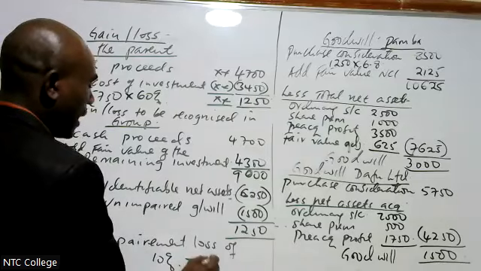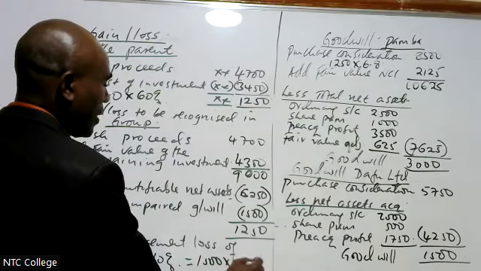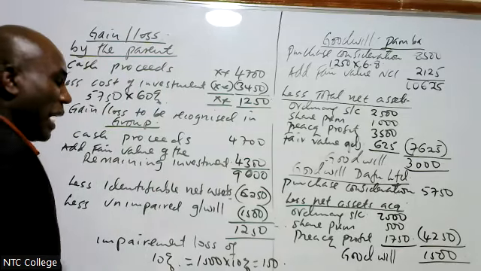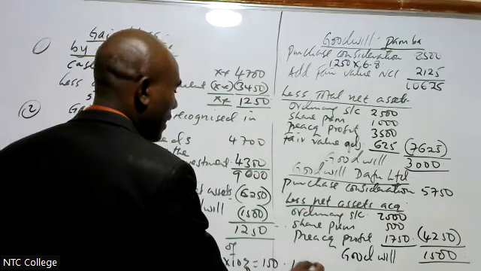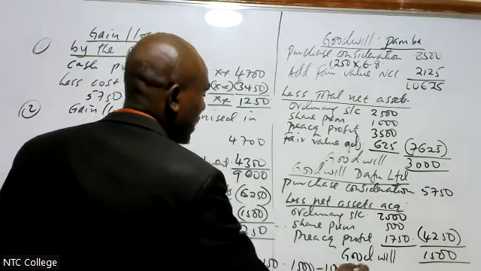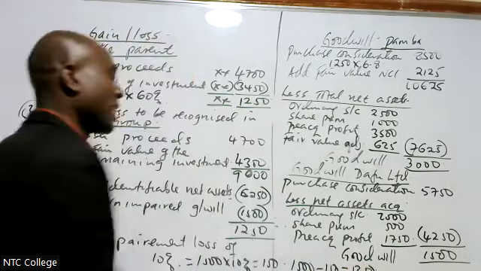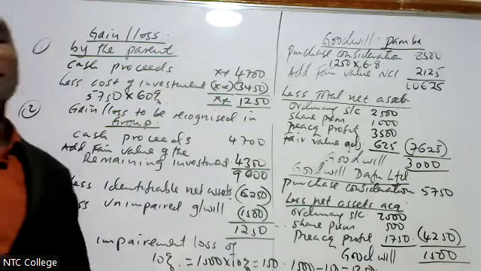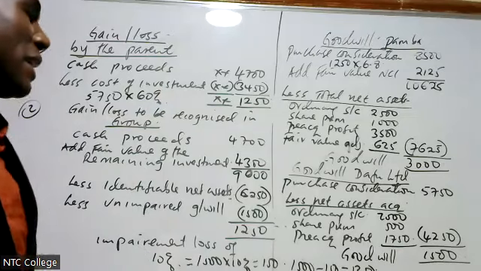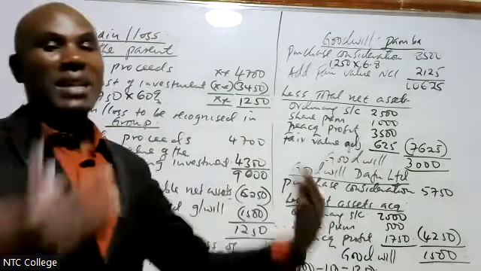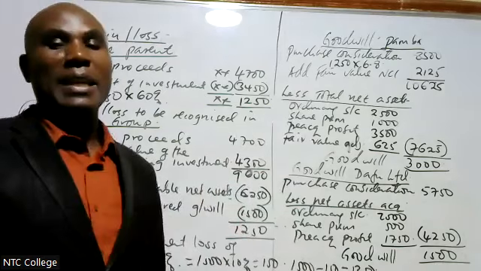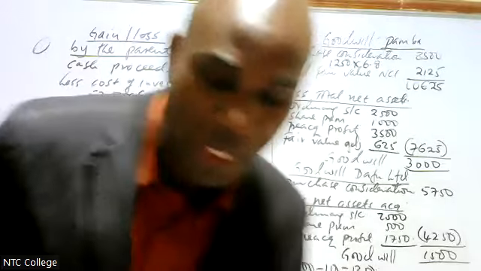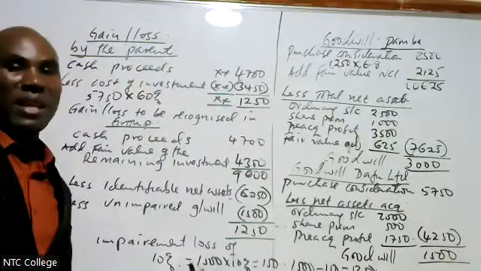Then I take 1,500 times 10%, which is 150. Therefore, how much is the unimpaired goodwill? It will be 1,500 minus 150, which is 1350. But in this case, there was no impairment, therefore the total was unimpaired goodwill. But if there was impairment, I take the goodwill minus the impairment, and I get the unimpaired goodwill. That is how we get that item.